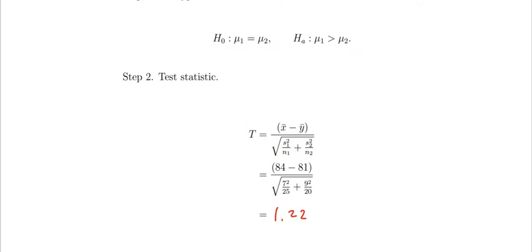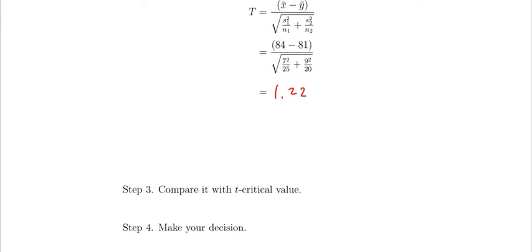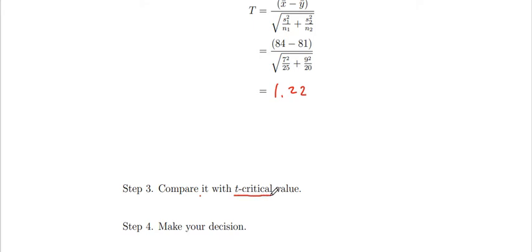Now we need to check whether this number is big or small. Is 1.22 a big or small number? We compare this number with the t critical value. Because it's a t value, we check the t critical value from the t table. For the t table, first we need to determine the degrees of freedom.